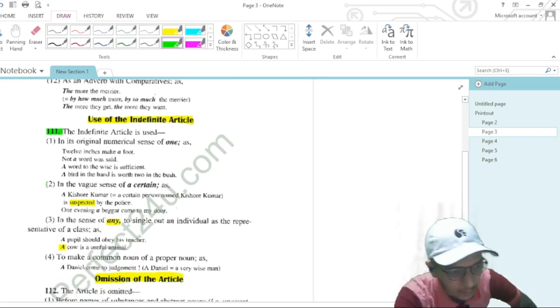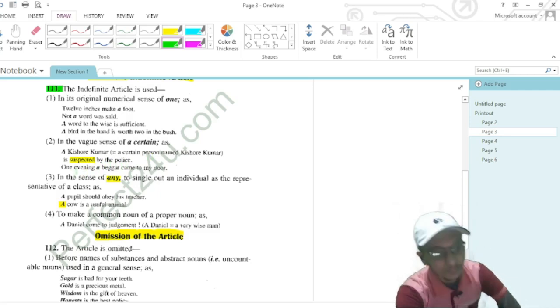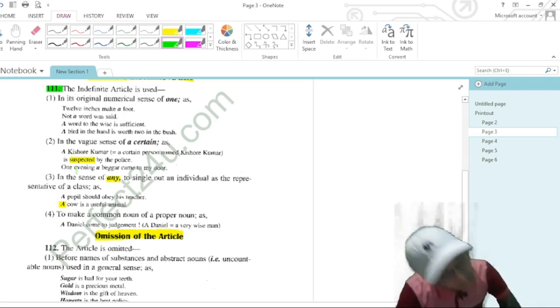The next example is in the vague sense of certain. "A Kishore Kumar is suspected by the police. One evening, a beggar came to my door."